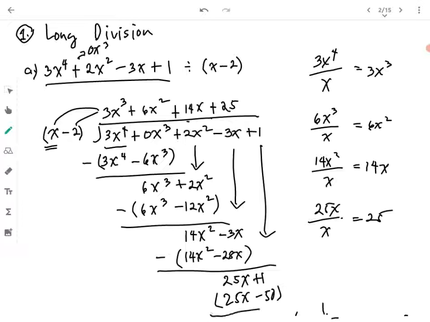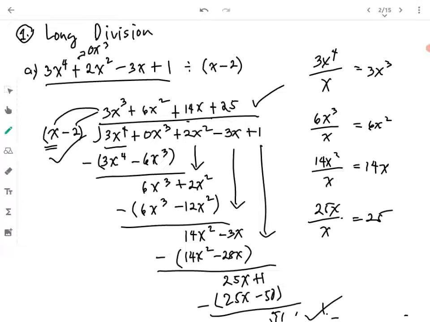Subtracting, the 25x becomes 0, then 1 minus negative 50 is positive 51. Since there is nothing to bring down, the 51 now is our remainder. So this is our quotient, this is our divisor, and this becomes our remainder.